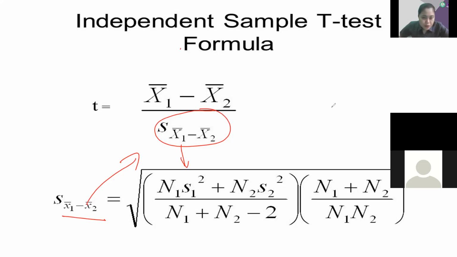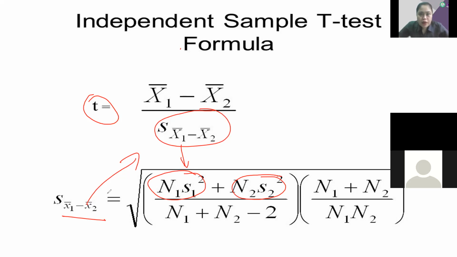And then actually, may formula din tayo dito sa kanilang dalawa. So marami tayong formula. Hindi lang siya basta-bastang na-identify from the collected data. Nagpo-compute din tayo for that. So again ha, ayaw magkalibog. Our t-score is computed using this formula, x1 minus x2 divided by s sub x1 minus x2.